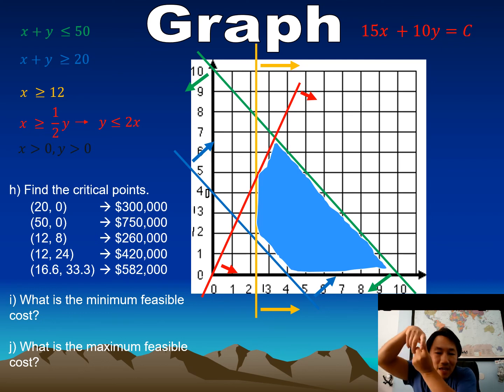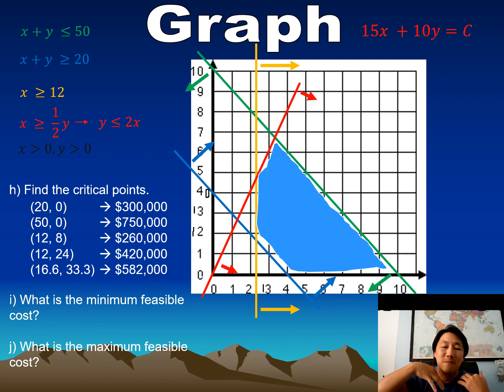And you have to find that little region where they all overlap, and then you have to find all the critical points, and then you have to test all of the points to see what gives you the maximum, what gives you the minimum. All right, and so we've just done a smaller version of something like that that would happen in real life.